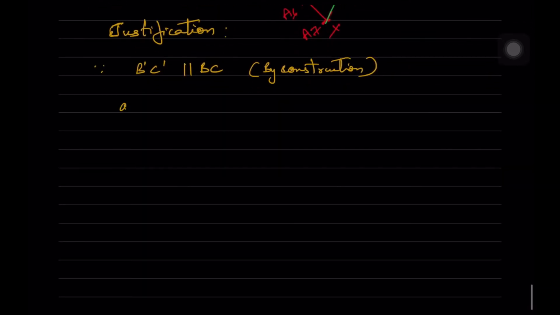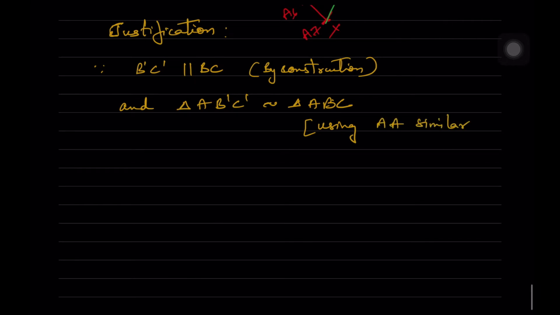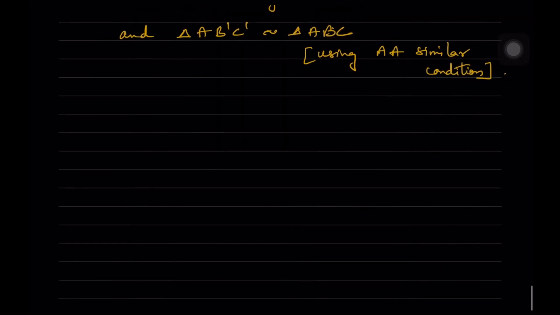Also, triangle AB dash C dash is similar to triangle ABC using the AA similar condition. Therefore, C dash A by CA is equal to C dash B dash by CB is equal to AB dash by AB.